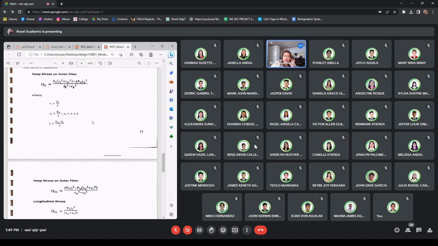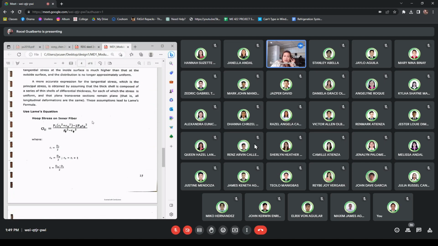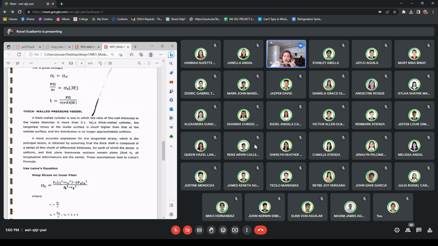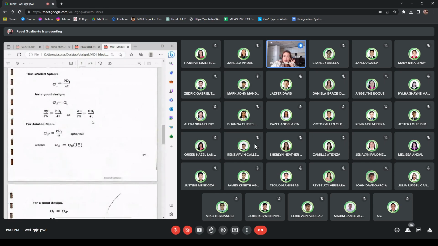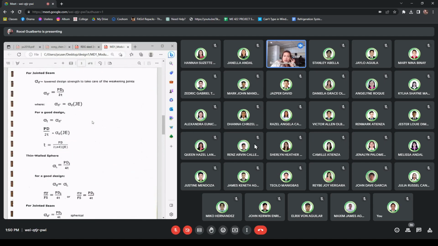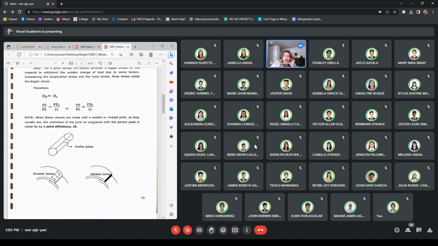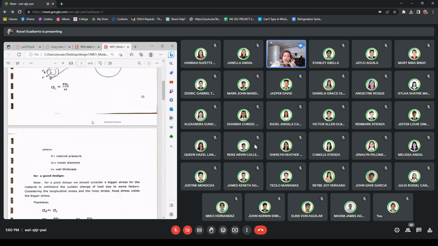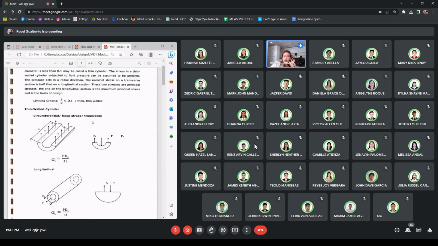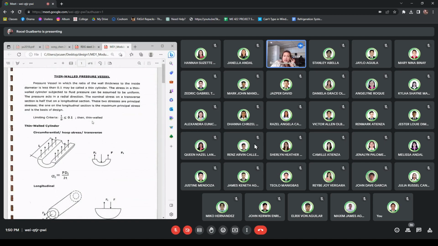Now, as we said, when we design the member, what we are after is the thickness of the plate to be used. So before we proceed with the procedure, we need to know the type of pressure vessel, whether thin-walled or thick-walled.